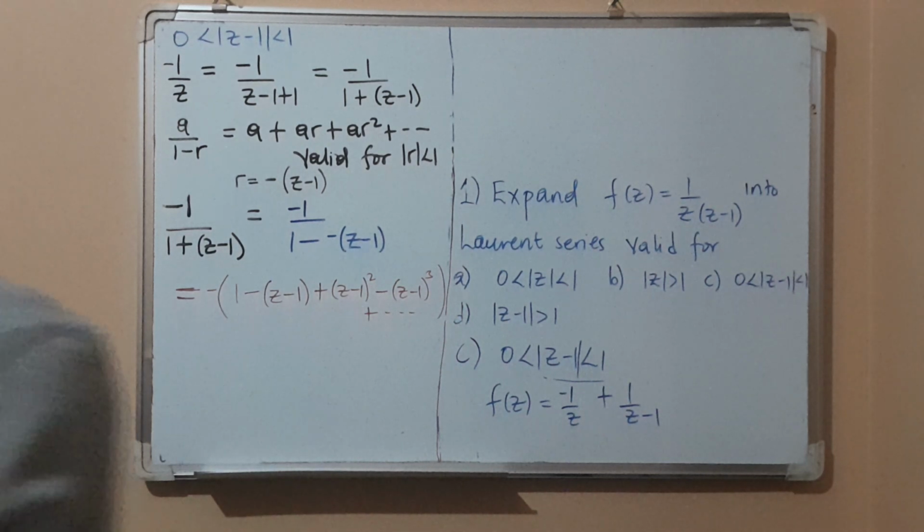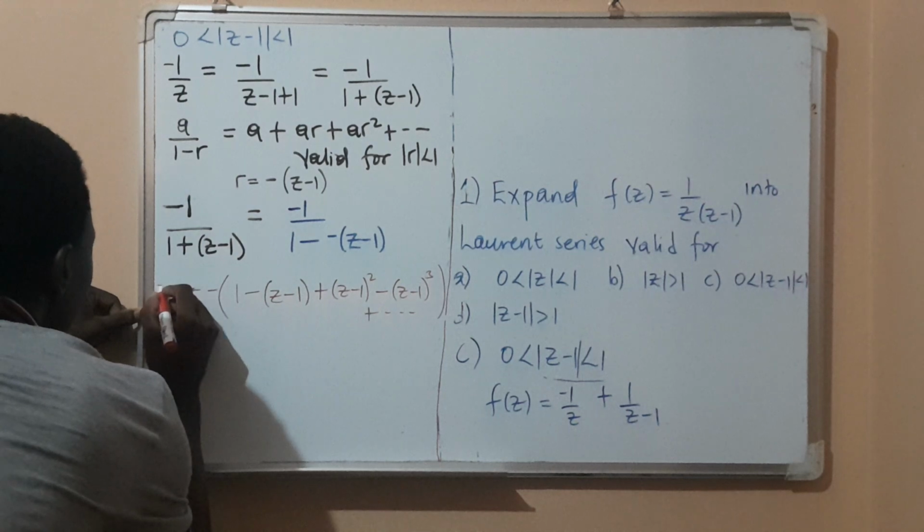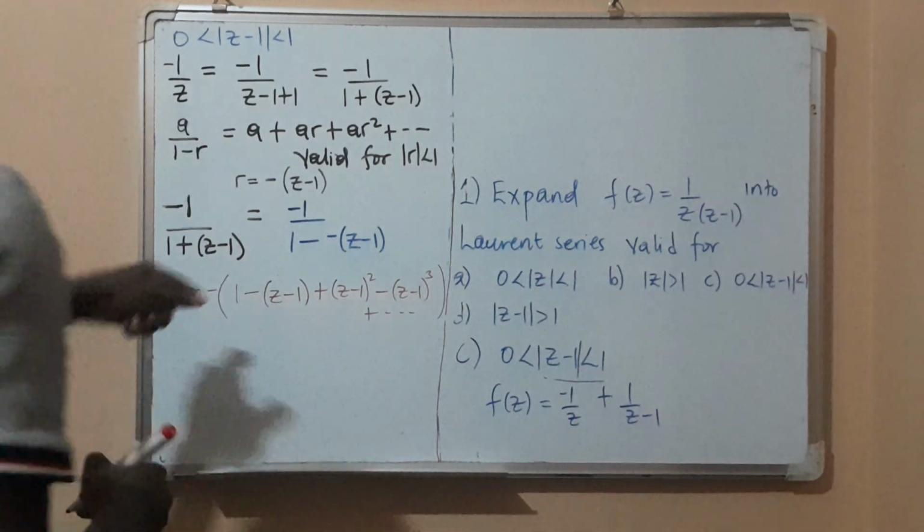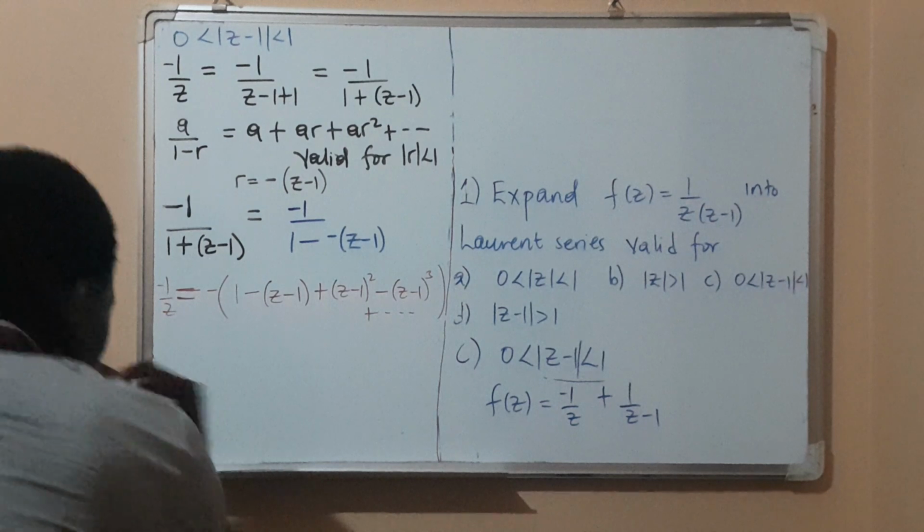So this is equal to negative 1 over z. Now I can put it back.